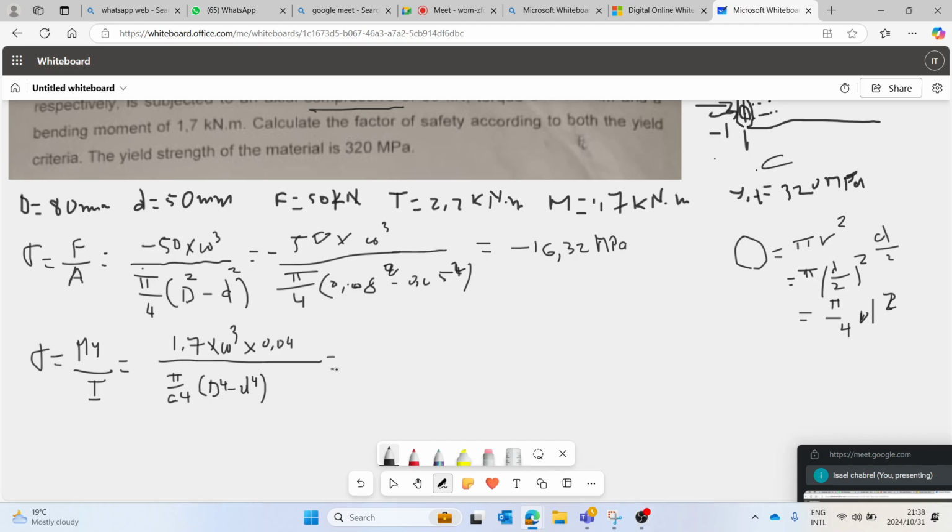Can you please explain the concept of bending stress? Okay, how can I explain this? This is more or less like chapter 16.